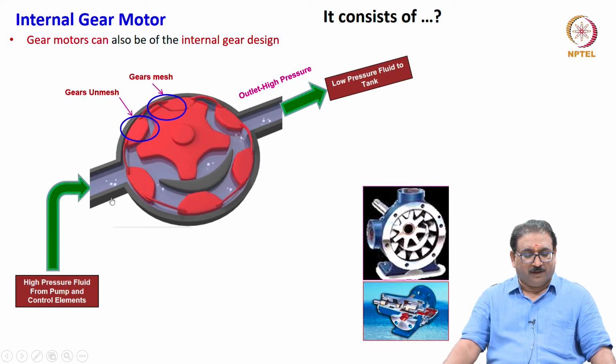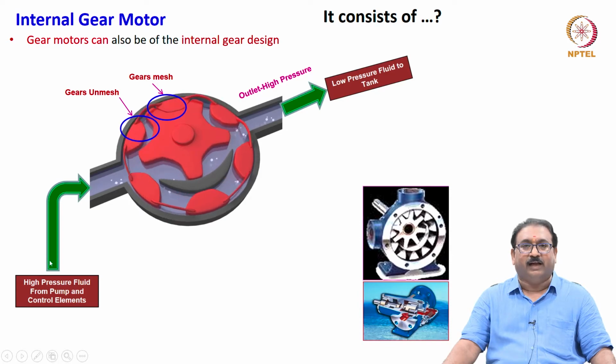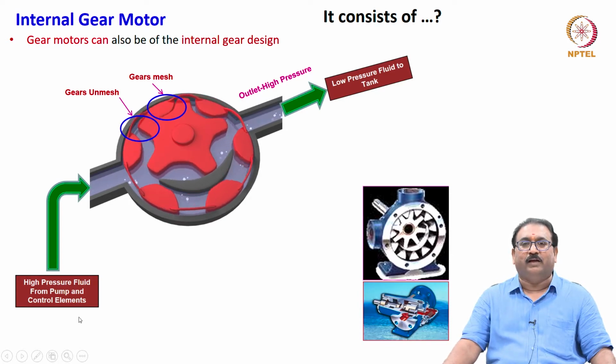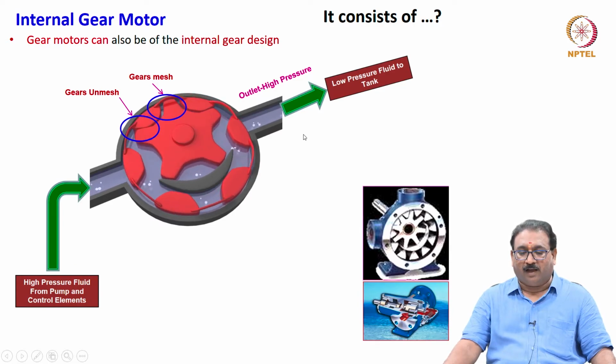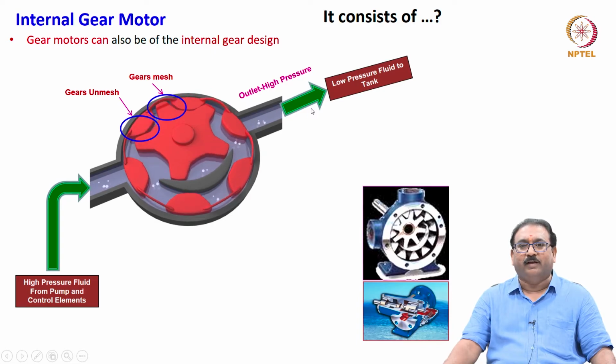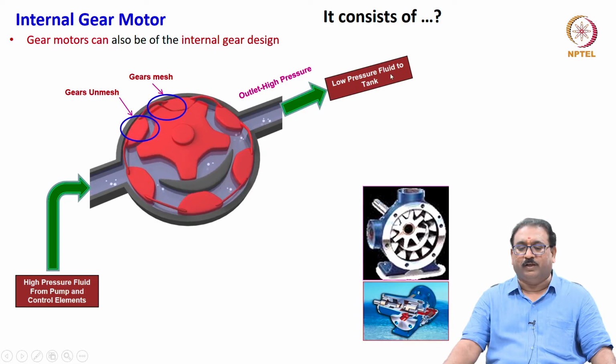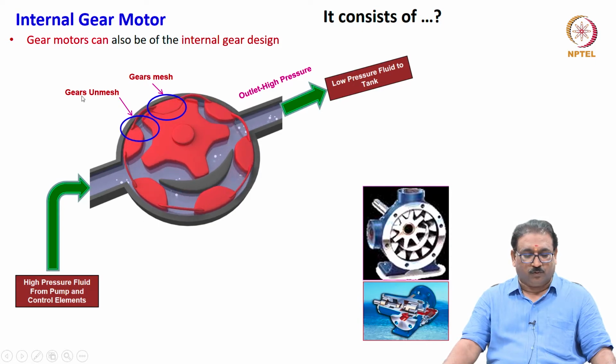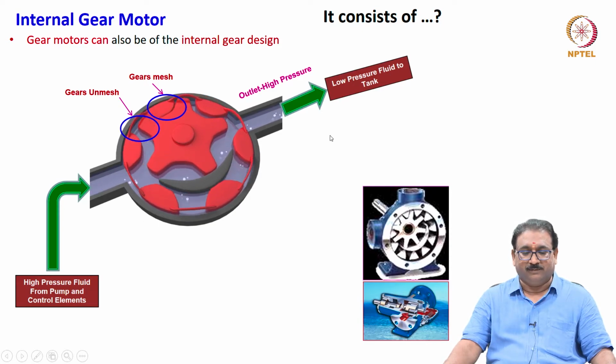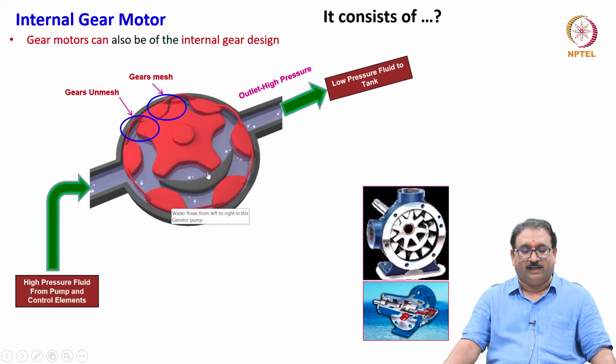Please note here, the inlet is connected to the high pressure side, from where the fluid will enter the pump and control elements, and the outlet, as I have told you, is connected to the low pressure fluid. Please note these two important points.